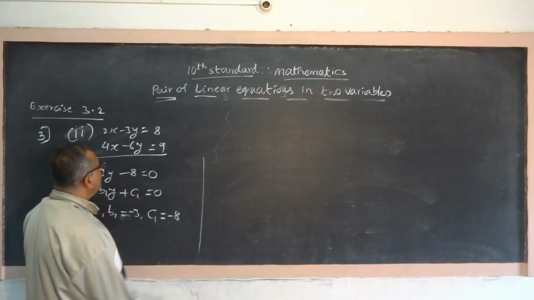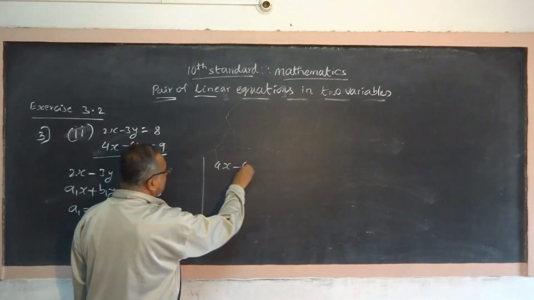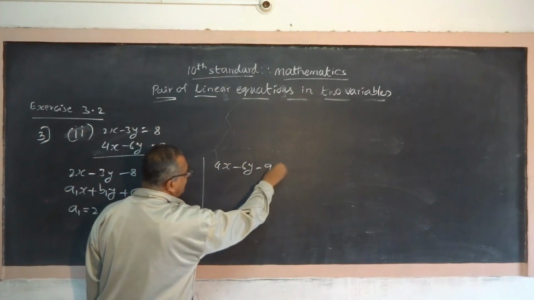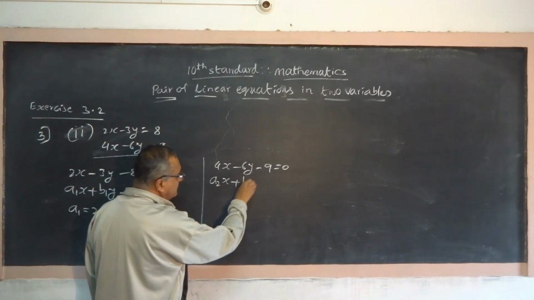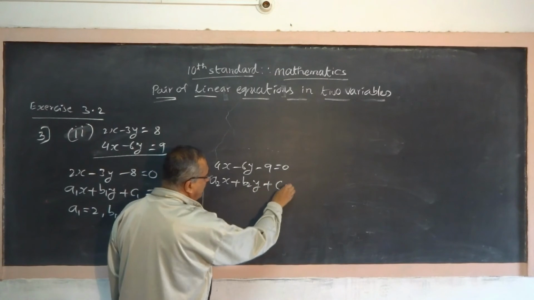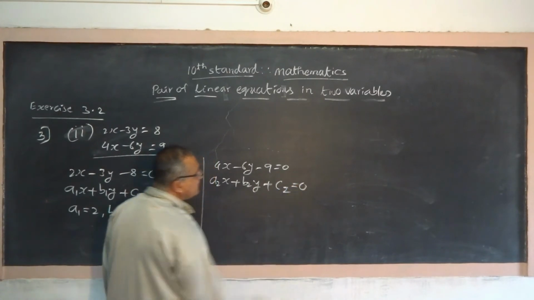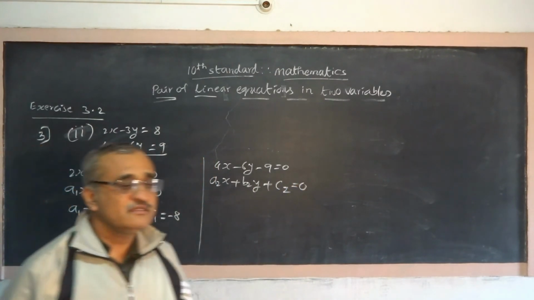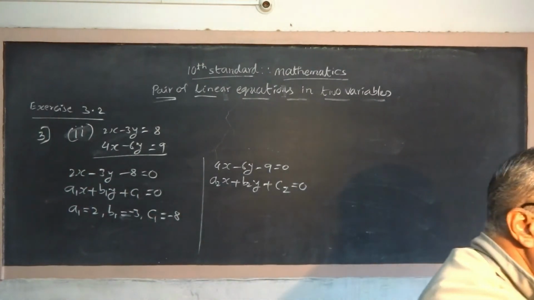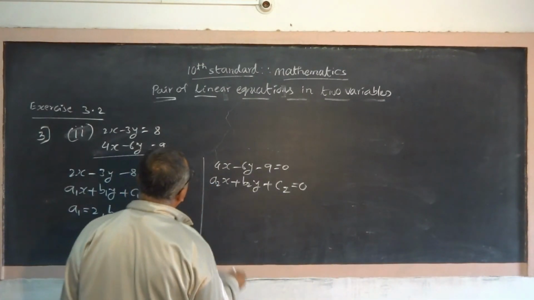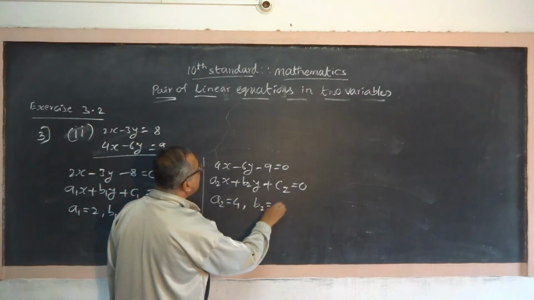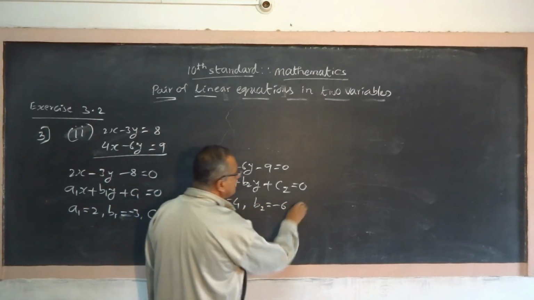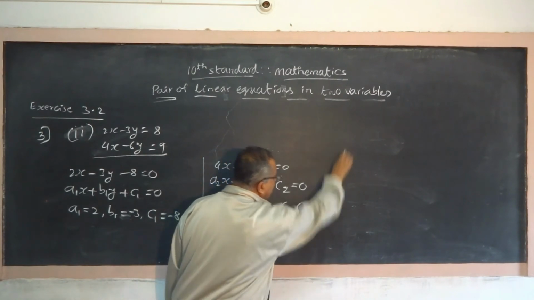Next, 4x minus 6y minus 9 equals 0. Then a2x plus b2y plus c2 equals 0, so a2 equals 4, b2 equals minus 6, c2 equals minus 9.